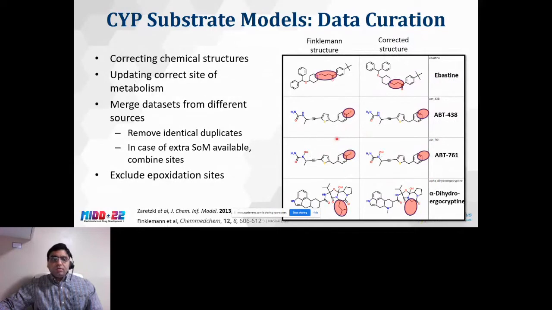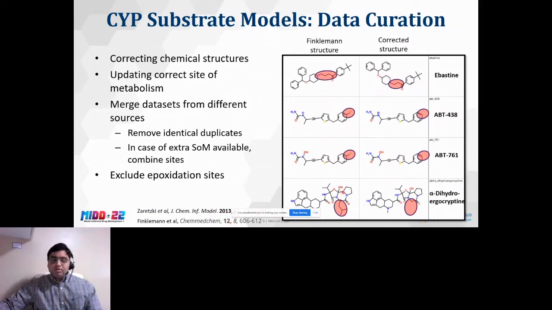The table here shows some of the compounds which we acquired from the compiled datasets from Zaretsky and his research group. This dataset is widely used by a lot of researchers who have been building sites of metabolism models.